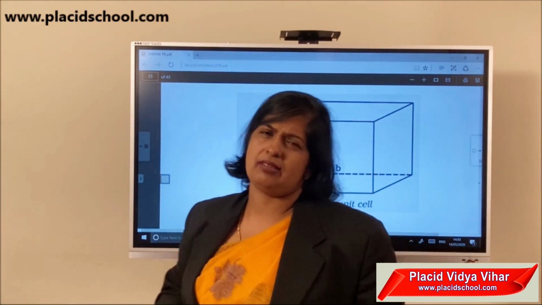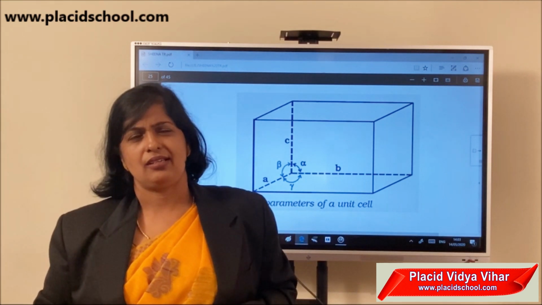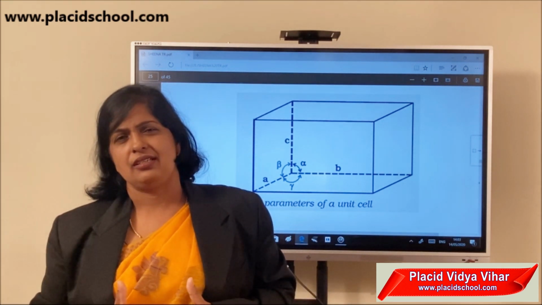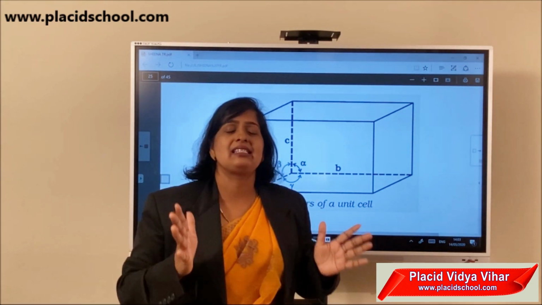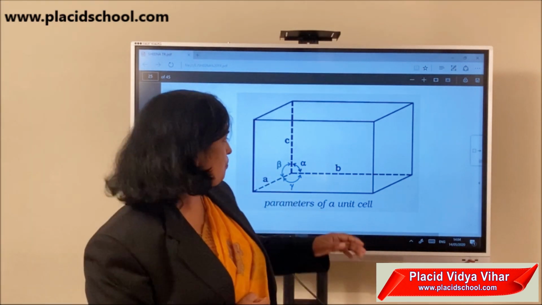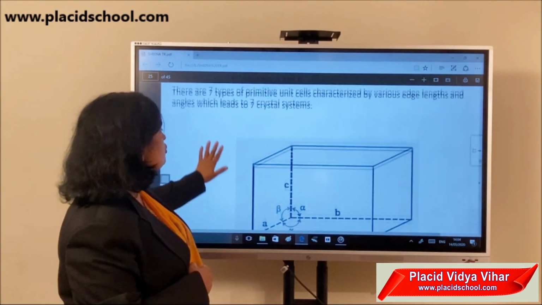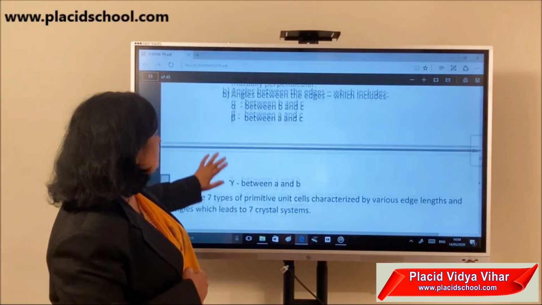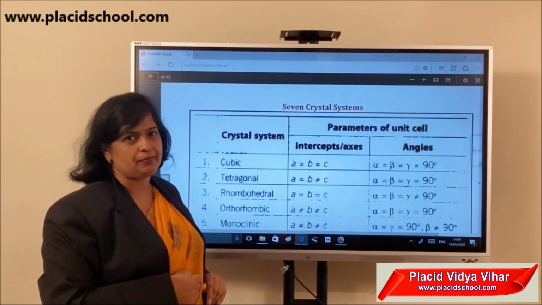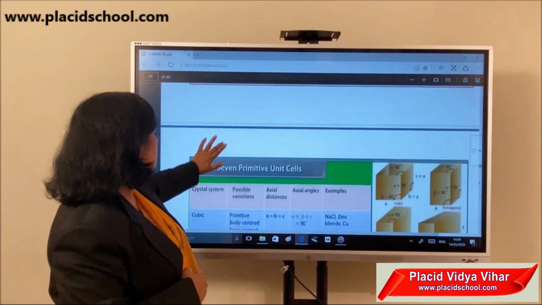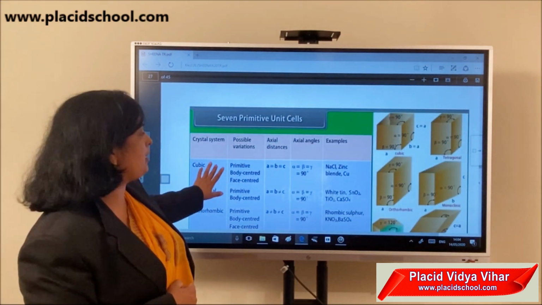Based on this, scientists classified the substances into 7 crystal systems. So based on the different dimensions, scientists classified the substances into 7 crystal systems. The first one is cubic.